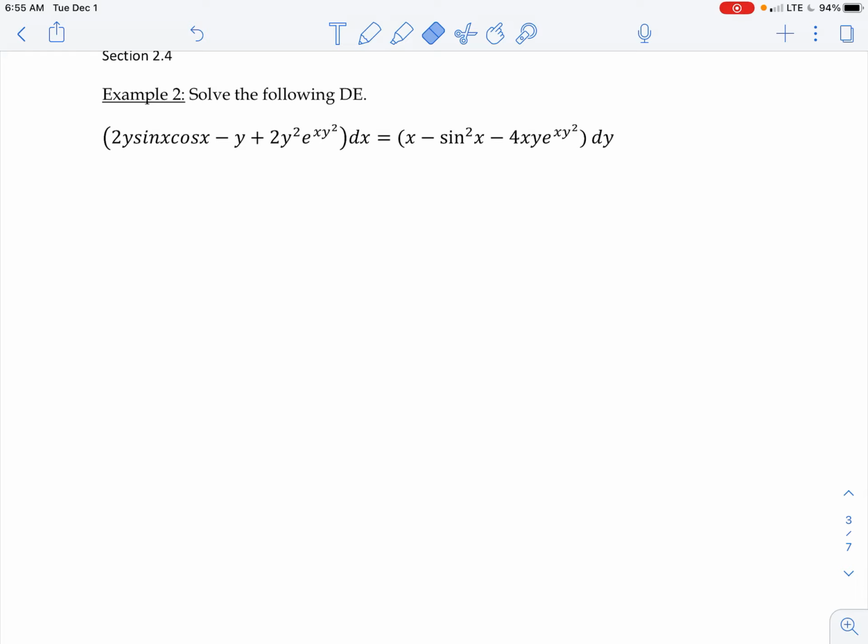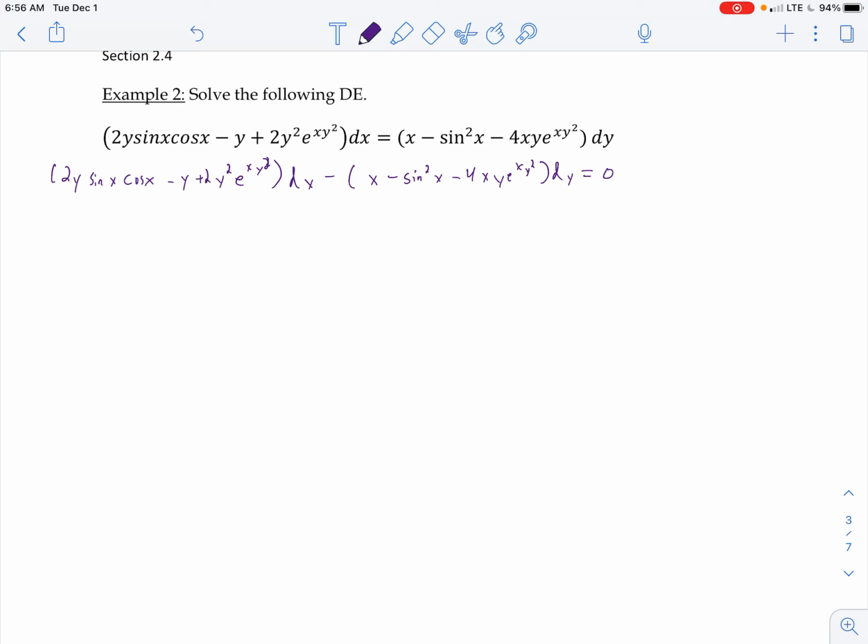So I'm going to bring everything over to the left-hand side, and when I do that, I'm going to have (2y sine x cosine x minus y plus 2y squared e to the xy squared) dx. Now, I have to bring it over. I'm going to minus everything. Then I have (x minus sine squared x minus 4xy e to the xy squared) dy, and that's equal to 0.